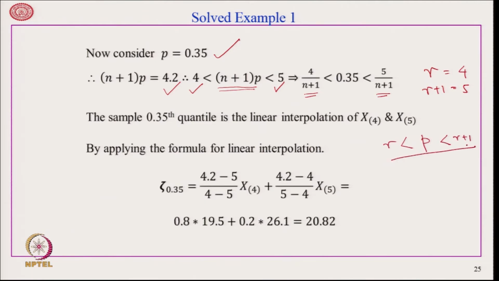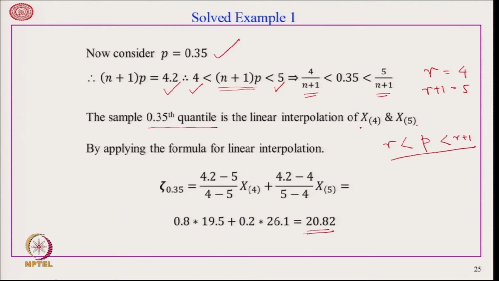Therefore, what we can understand is that the 0.35th quantile is the linear interpolation of the fourth order statistic and the fifth order statistic. Using the interpolation, we get that the value comes out to be 20.82. What does it mean?